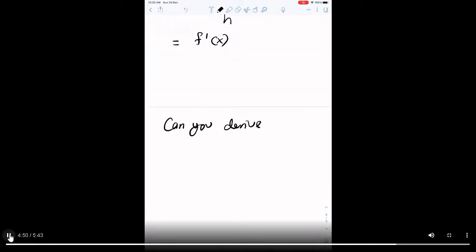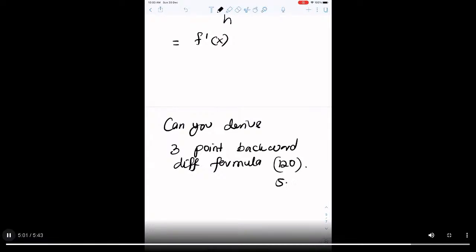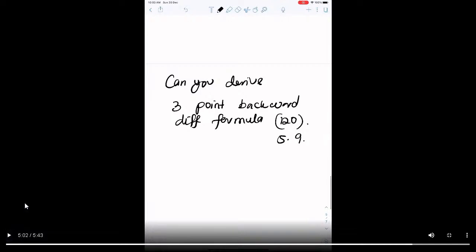So now, my question: can you derive the 3-point backward difference formula? You can go to page 120, and this formula is 5.9.